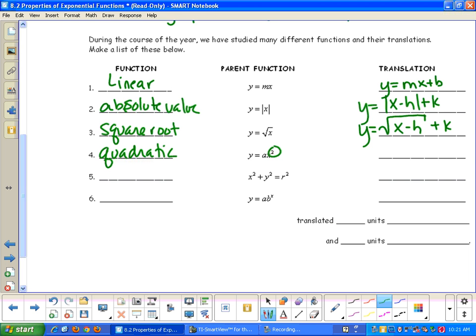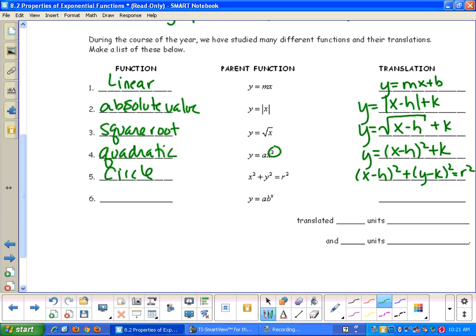So for this, the quadratic function, we had y equals x minus h quantity squared plus k. Then the next one, this right here, x and y are being squared and equals r squared. This is an equation of a circle. And for the circle, our translation was x minus h squared plus y minus k squared equals r squared.